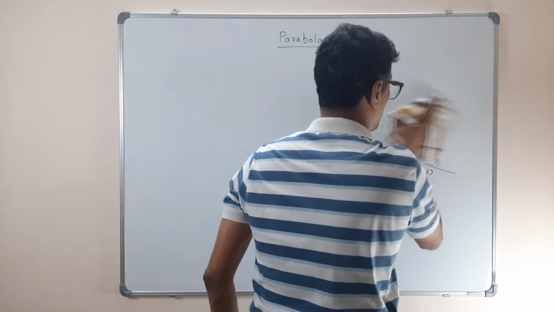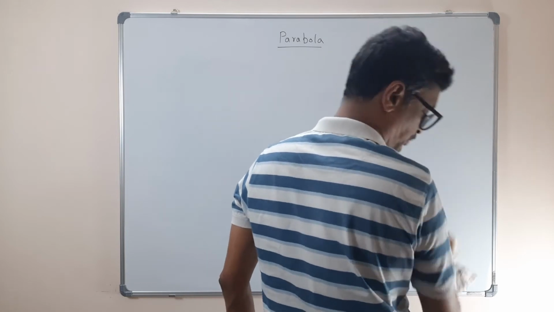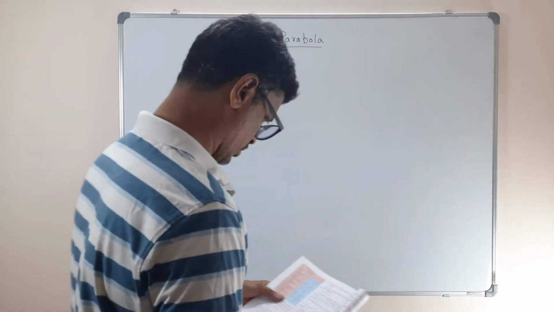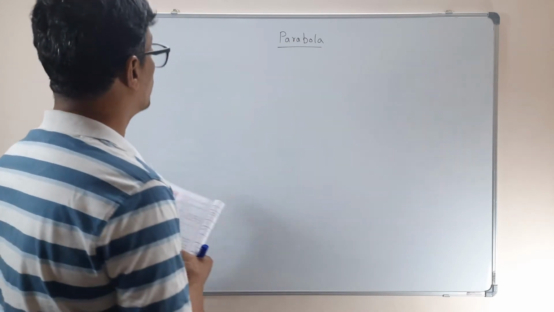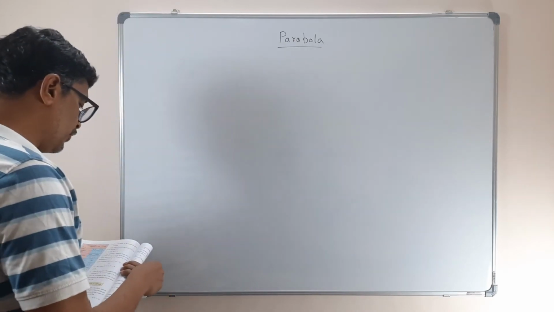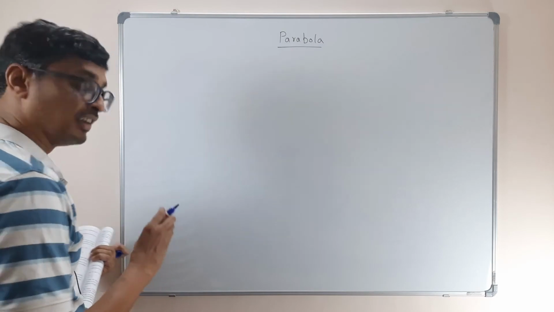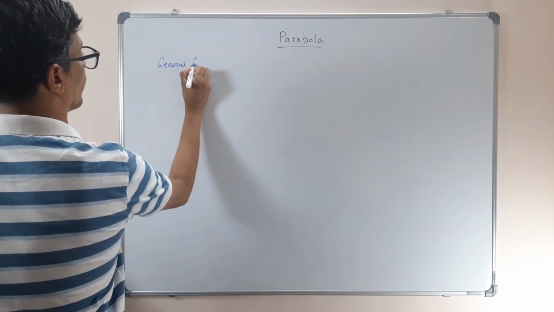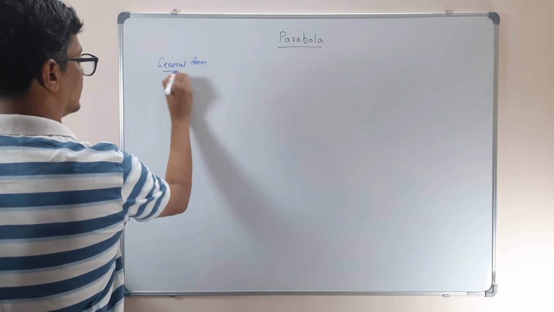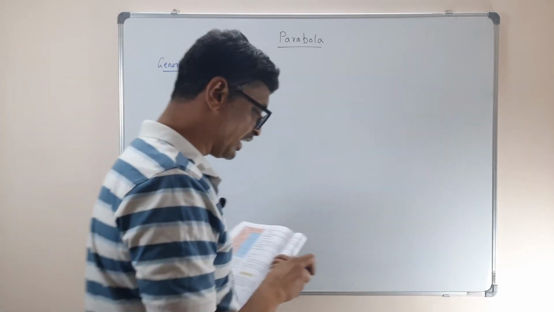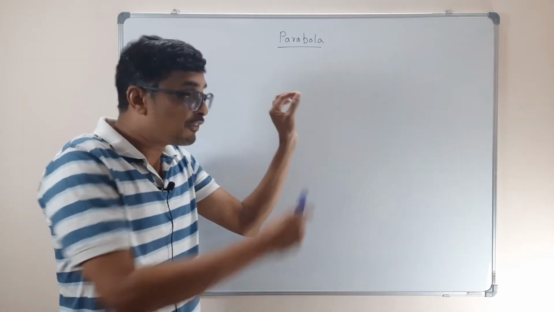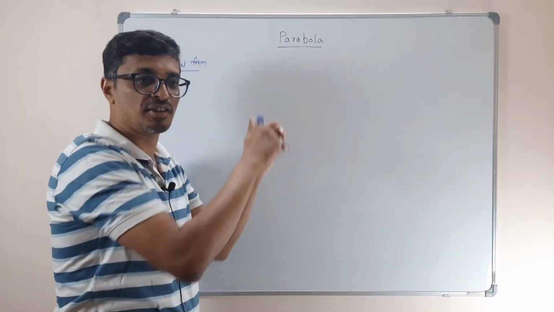Okay, so now let us go for one more thing. The last one I am going to do, with that I will stop. Okay, this is important. General form of the equation of a parabola. See, remember, what we had done is, we have taken the origin as the vertex of the parabola at the origin, right?